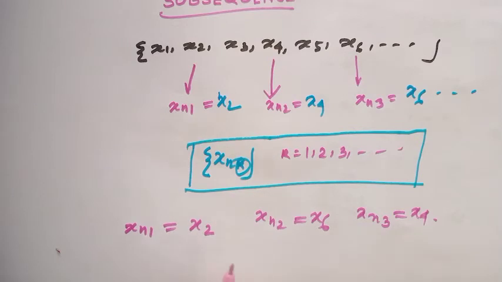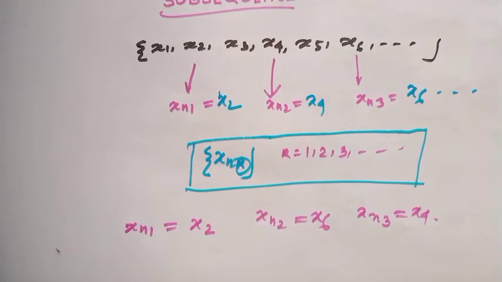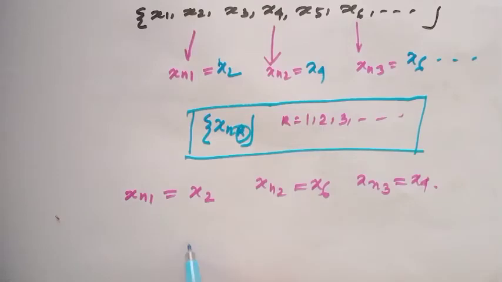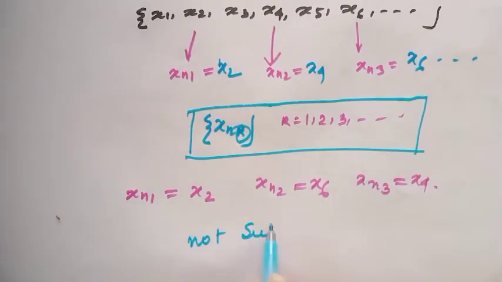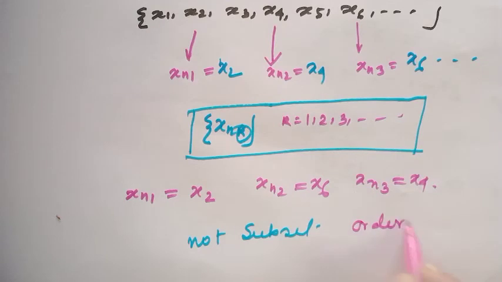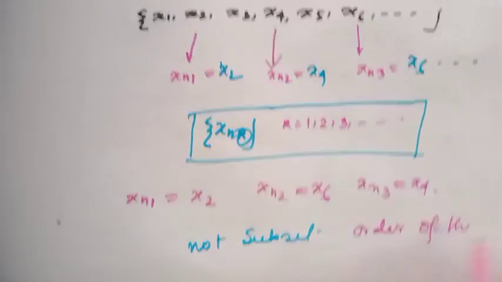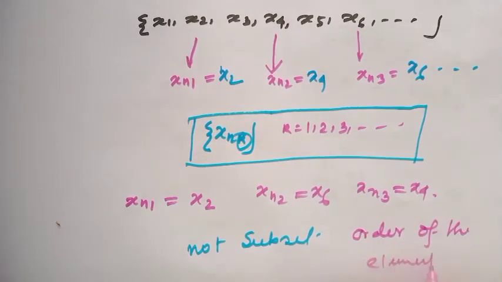So this cannot be a subsequence because it does not maintain the order of the sequence. That means this is not just a subset. It is something more. Here you have to maintain the order of the elements.